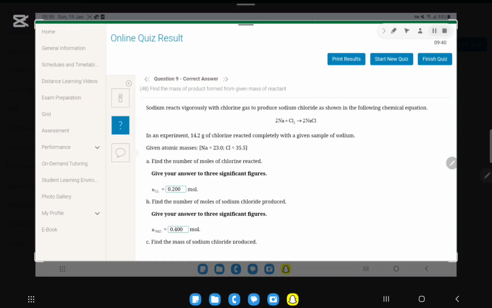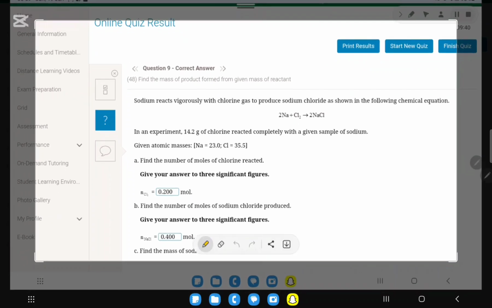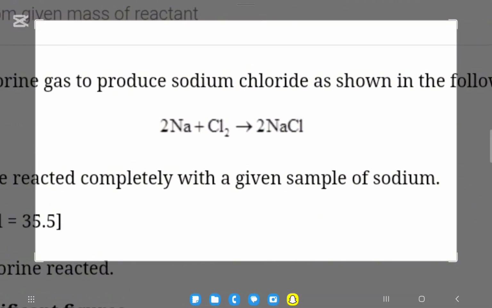First we check if the equation is balanced.